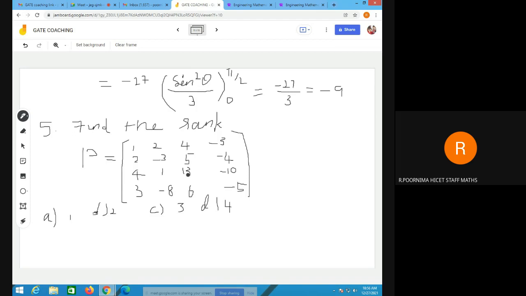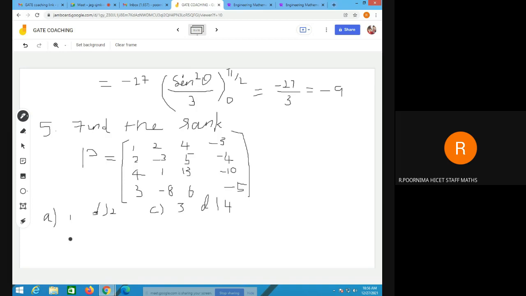You should make as many rows zero as possible. Then you find the number of non-zero rows in the row echelon form. That is our rank. The number of non-zero rows in the row echelon form is considered the rank of the given matrix.